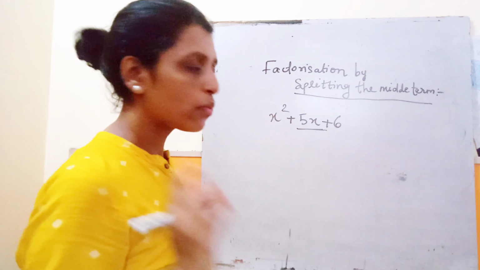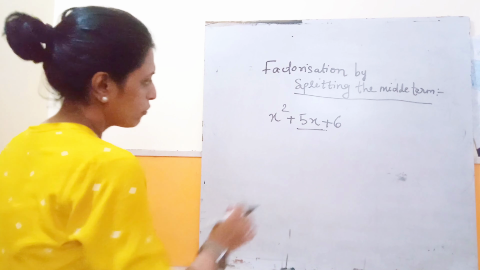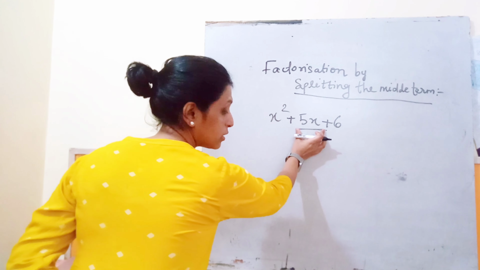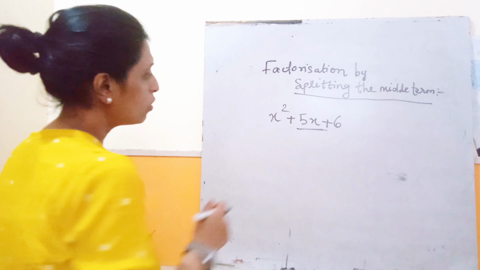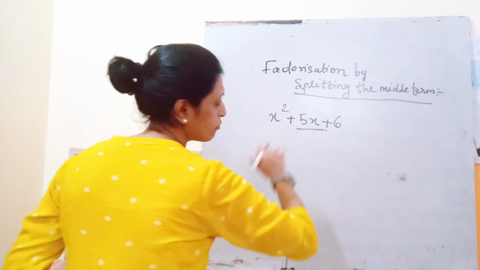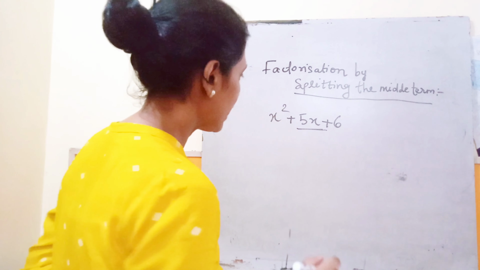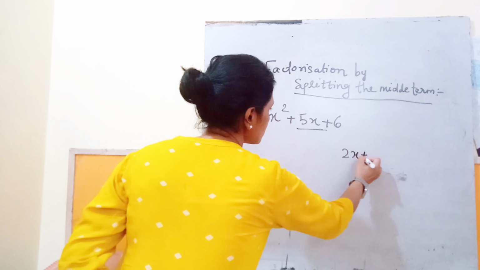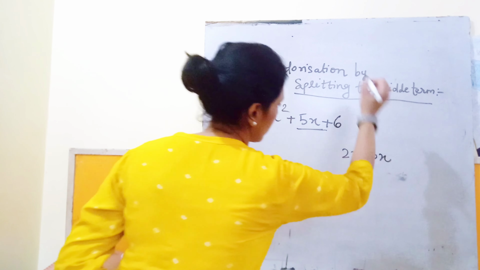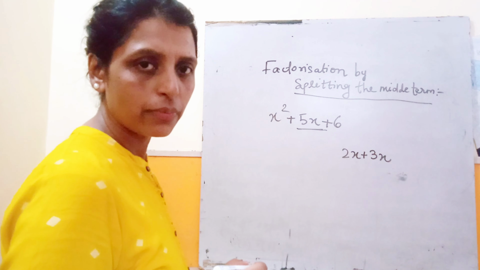So what we are going to do, we have to see that this middle term is 5x. So how can we write 5x? We can write 5x as 2x plus 3x, isn't it?